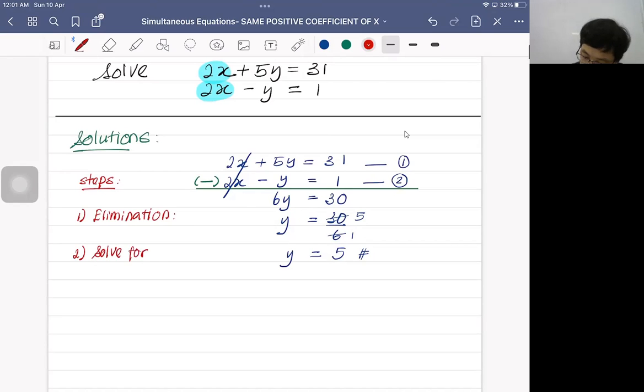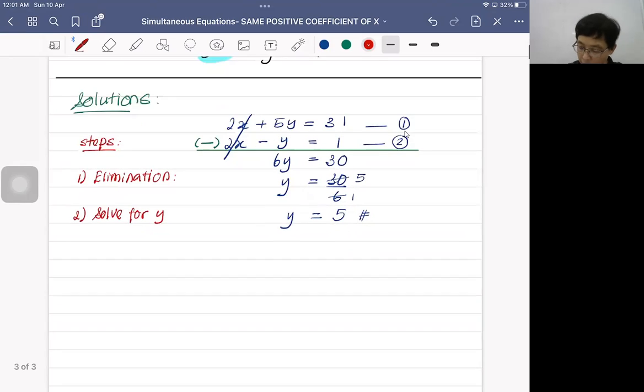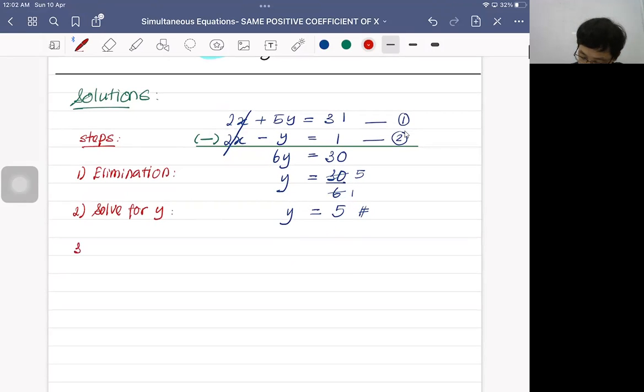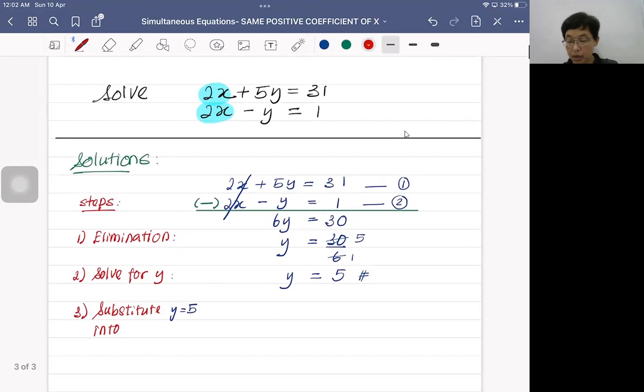Now, you're going to substitute your found y equals 5 into any one of the equations.